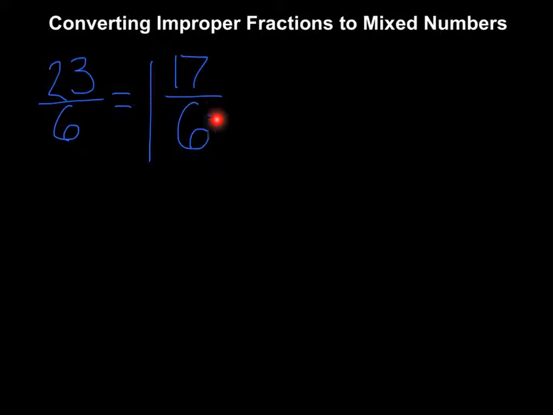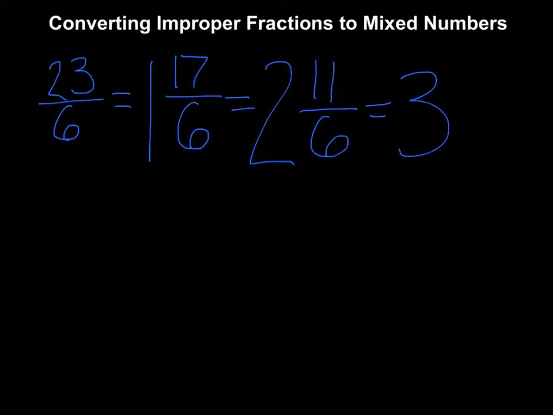Now if we look at our fraction here, it's still improper. So that means I can take another 6 slices out of my 17 to make a second full pie. And I'll still have 11 slices left over when 6 makes a full pie. And we notice that we still have an improper fraction, which means I can take another 6 slices out of here to make a third full pie.